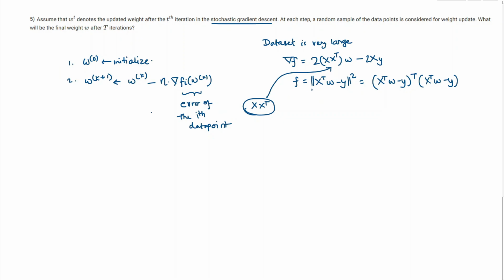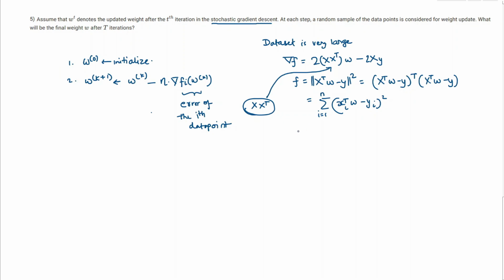Now what does that mean? What is f? f can be alternatively written as the summation of (x_i transpose w minus y_i) squared, i running from 1 to n, right?